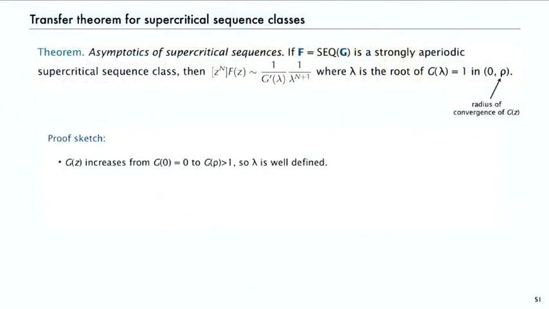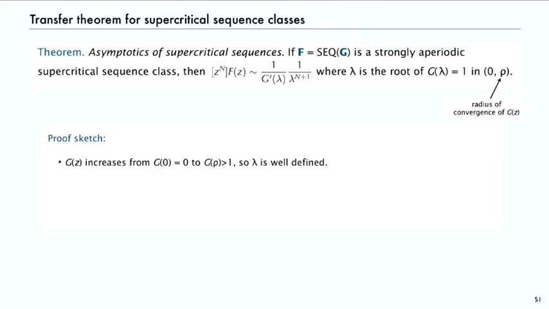And this is just a quick sketch of the proof, and it's technically not so difficult. First of all, the function increases from 0 to its radius of convergence, positive coefficients, and the value at rho is bigger than 1, so there is a root in there.